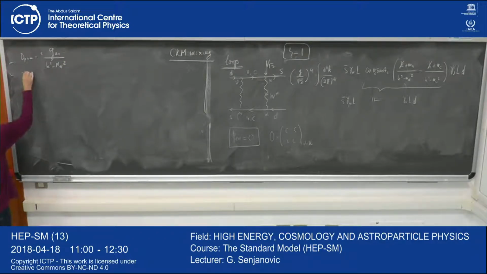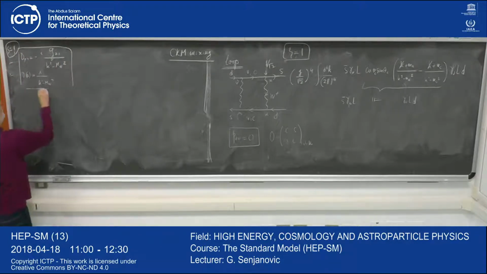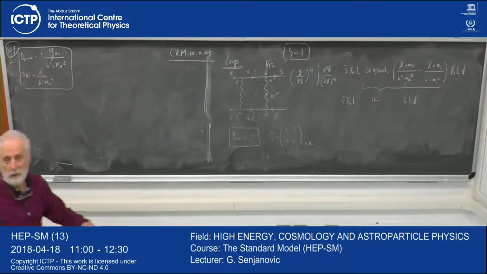But there is also the unphysical part, I'll have to think about that, which is i over k square minus m_W square. This is xi equal 1 gauge. You may say, why not do the unitary gauge? Okay, you'll see later on what's better when I do the unitary gauge.